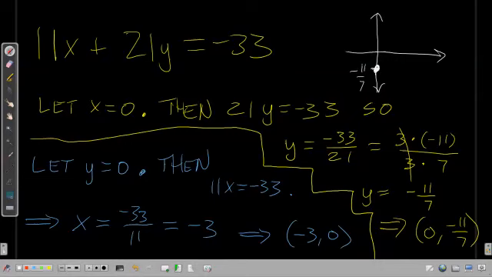All that really matters here is that it's negative. It's a little bit bigger than 1, and it's negative. So that's about where it lives. And the other one is over here, negative 3, 0. It goes through those 2 points. That is the line.